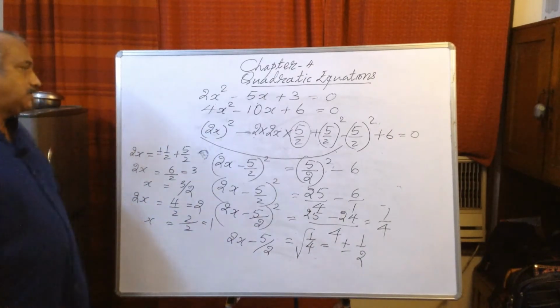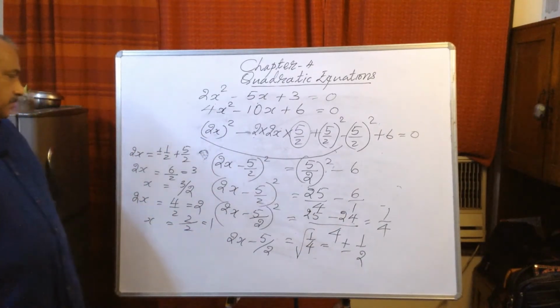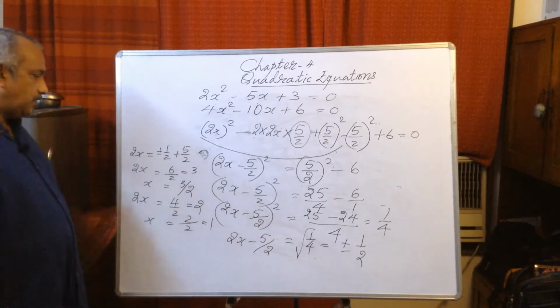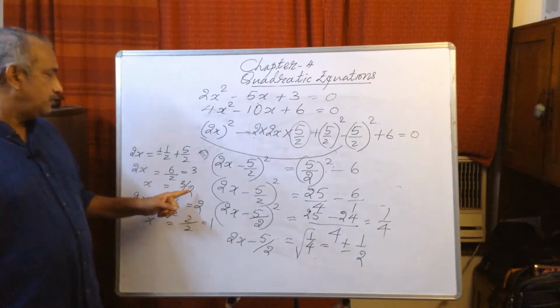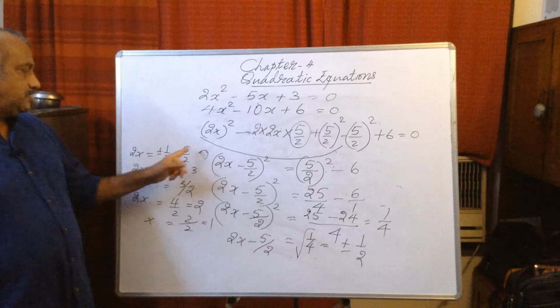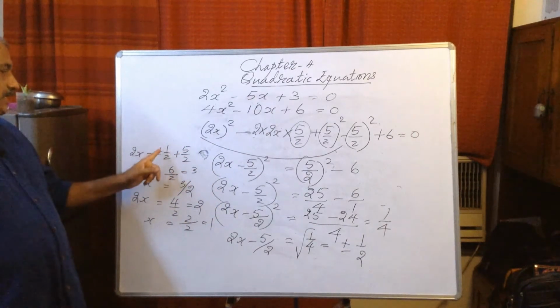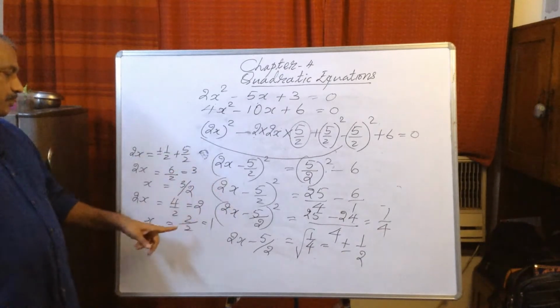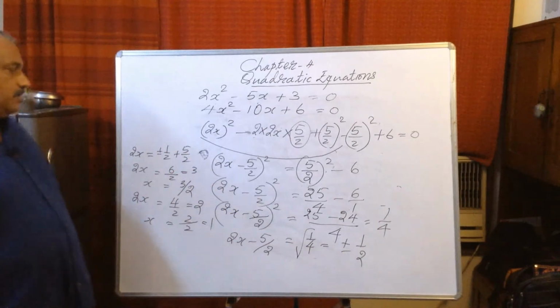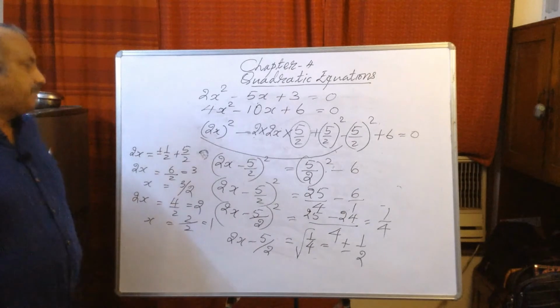So the answers: one answer is 3 by 2. If it is plus, 1 plus 6 upon 2, 3, and if it is minus, 1 plus 5, 4 upon 2, and we get 1. So like this we can find the answer.